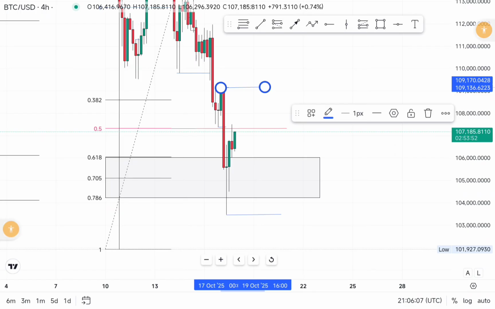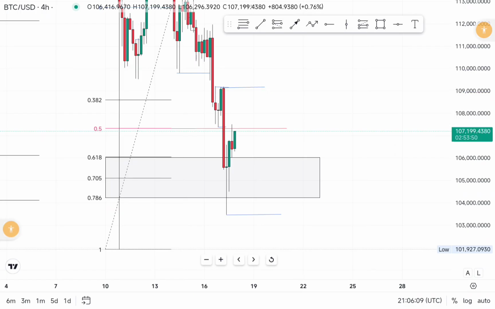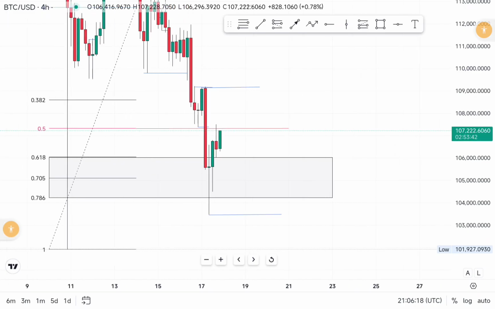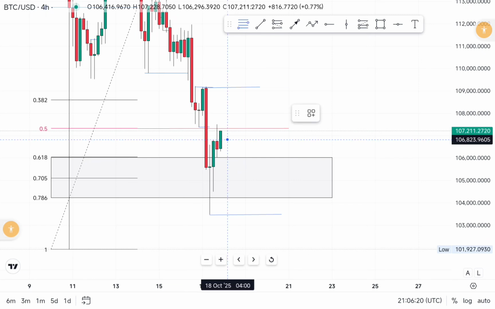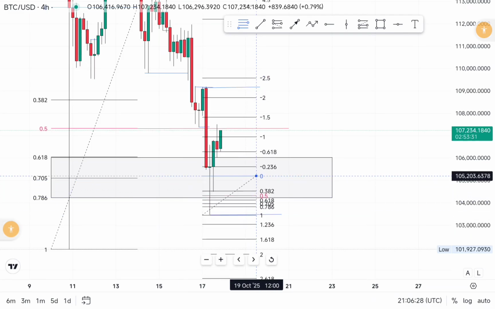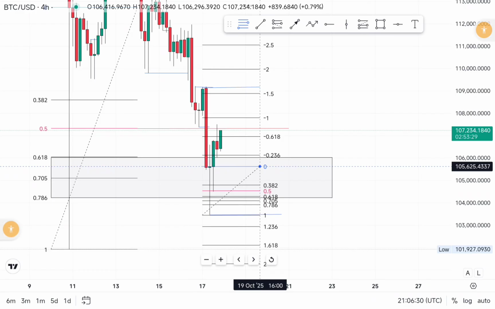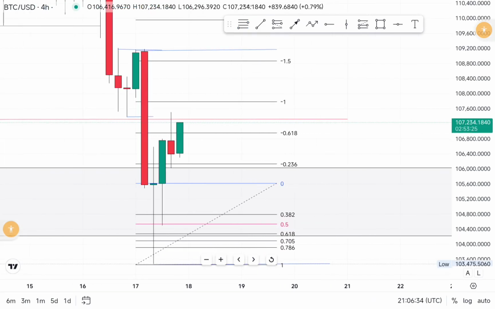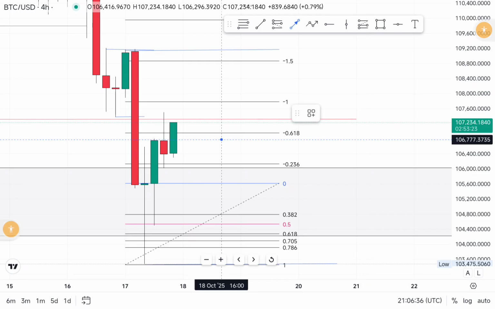And here we look for a break of structure of the previous high, the high of the previous candlestick, and we plot our Fibo deviation to the close of the body of the bullish candlestick.